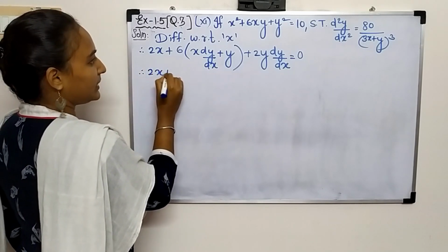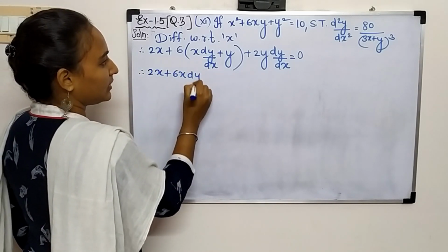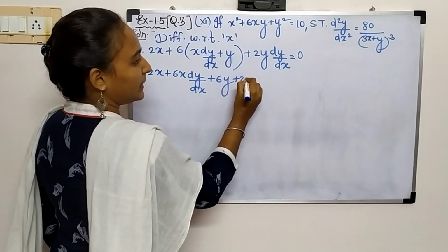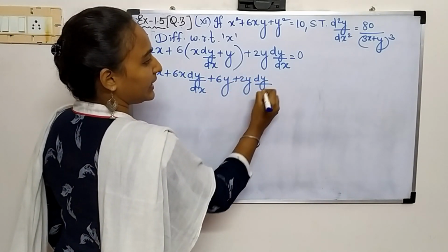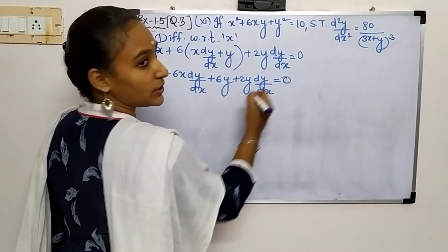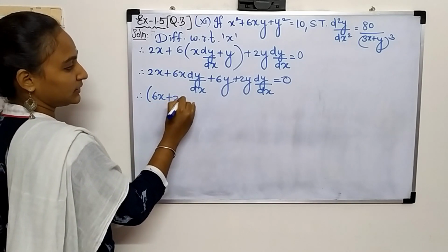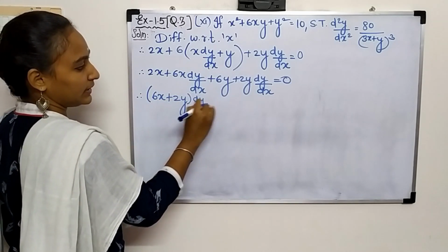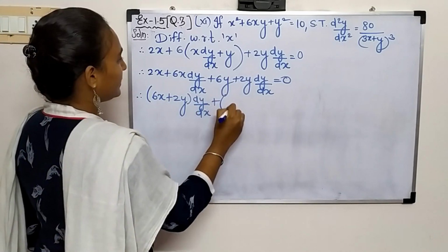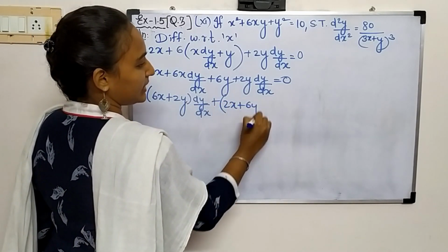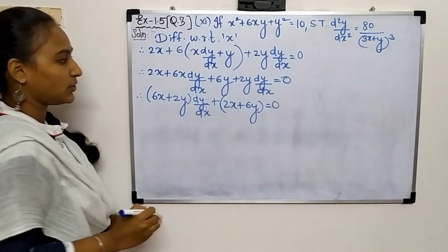Therefore 2x plus 6x dy by dx plus 6y plus 2y dy by dx is equal to 0. Therefore (6x plus 2y) dy by dx plus (2x plus 6y) equal to 0.